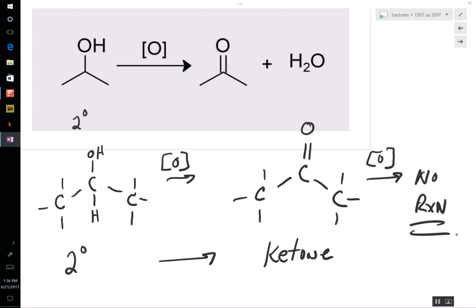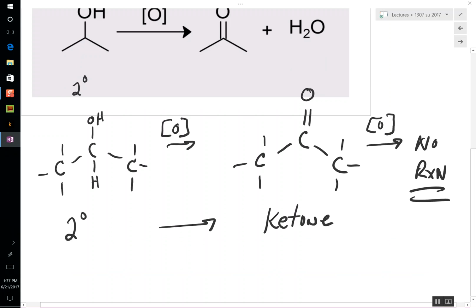It doesn't go through 2 steps, just 1 step. Ketone, and the reaction is done. Okay, we'll summarize all 3 of these, primary, secondary, and tertiary, in just a second.